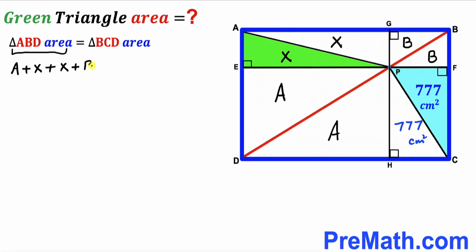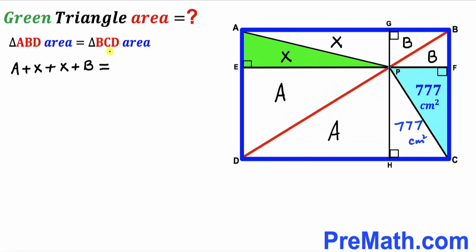This is equal to the area of this other triangle BCD. We can see this triangle BCD area is the sum of these individual areas: uppercase A, uppercase B, 777, and 777 once again.